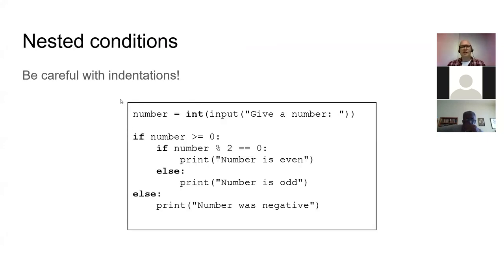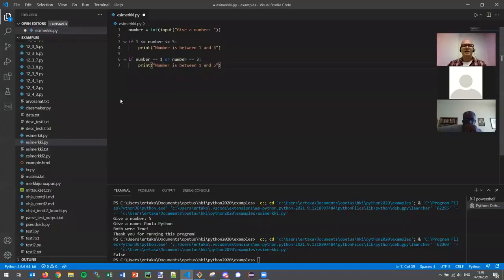Then we can talk a little bit about nested conditions. Again, let's query the user for a number. And let's say we want to find out if the number is an even number or an odd number. And for that, we have the modulo operator. I think it was at least briefly discussed in the first week material. But the basic idea of a modulo operator is that, let's try this one first.